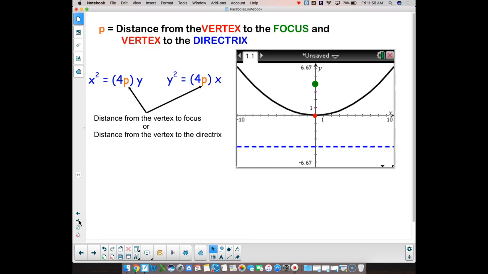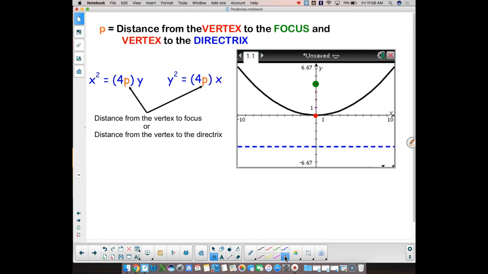We are going to be talking about different parts of the parabola today. The first part that we need to talk about is something called the p-value. The p-value is the distance from the focus to the vertex. Also the distance from the vertex to the directrix.